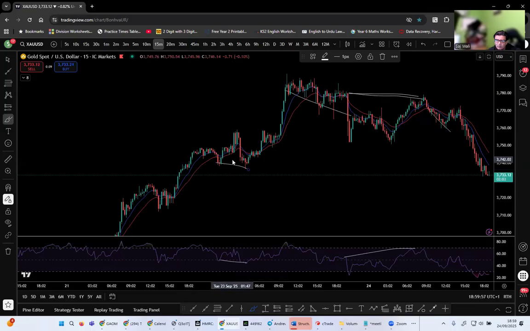So here, see, market is going to the upside, RSI going to the downside, but then the market moves in the direction of RSI. And this is a bullish trade because it's in the direction of trend.